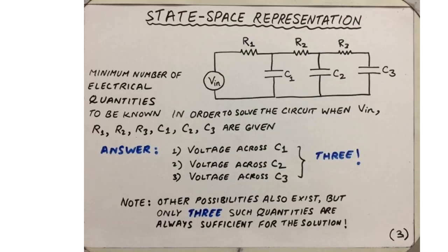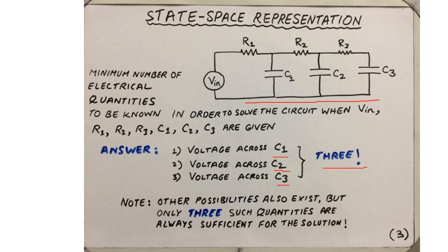By extending the ideas that we have developed so far, we can say that an electrical circuit shown here containing three capacitors requires three electrical quantities for a solution, and those can be the voltages across the three capacitors.